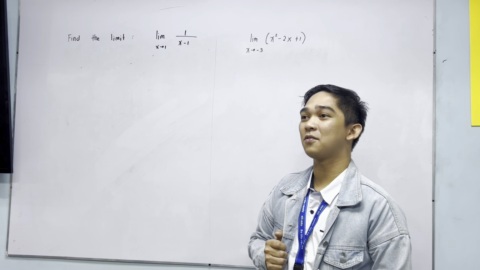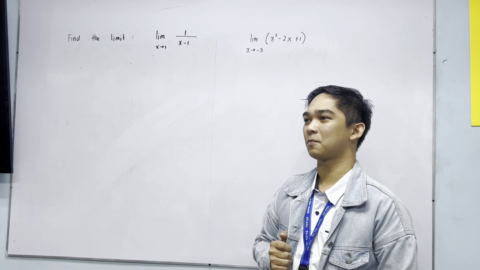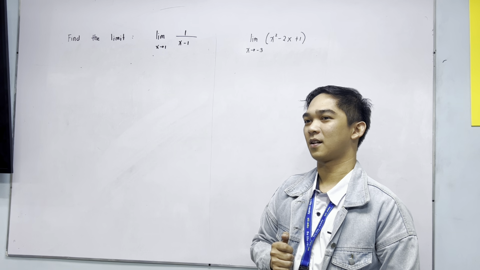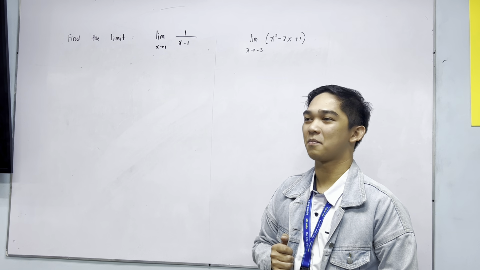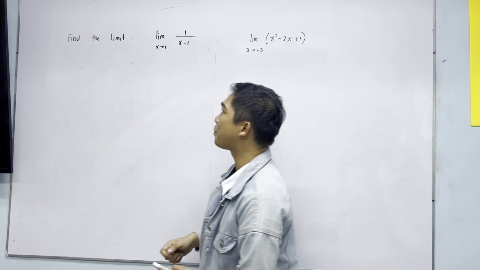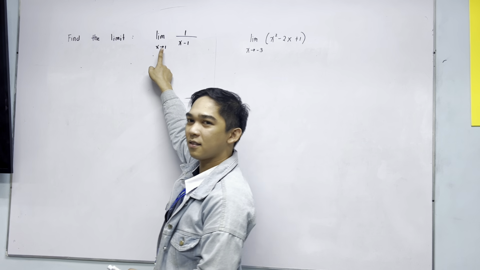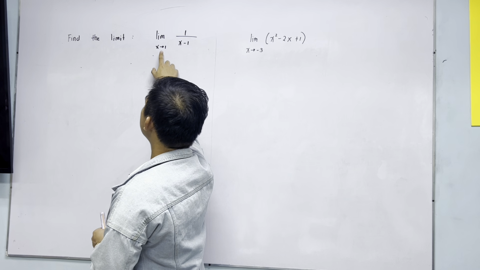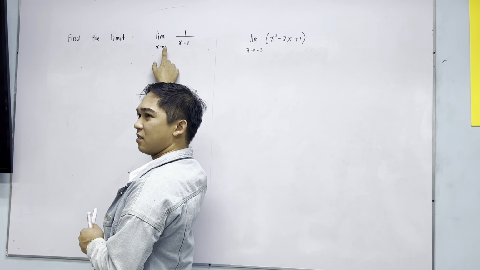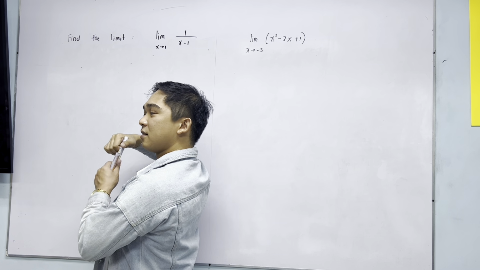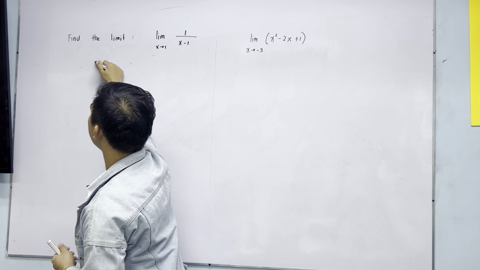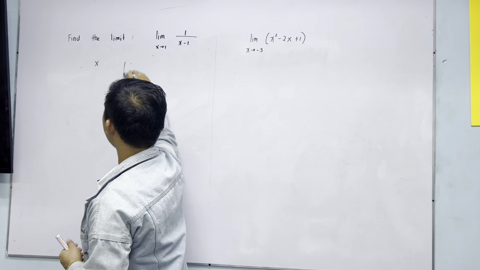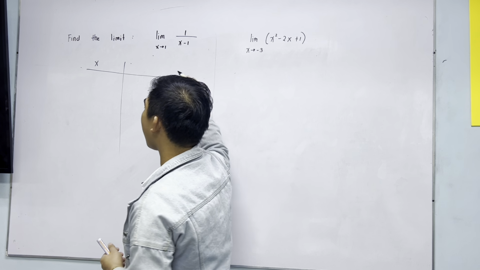Ano yung mga magiging value ni x kapag mag-substitute? Approaching numbers. Now, ano yung mga approaching numbers to 1? Let's start with the smaller numbers. 0 approaches to 1. Gusto niya 0 agad? Ay, negative 1 muna. Sige, isa-isa lang.